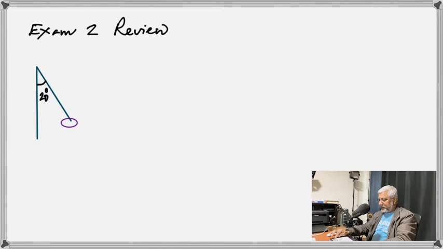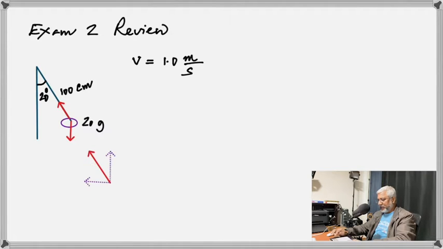So that's the situation. The angle is given. Let's assume it's a 20-gram mass and the length of the string is 100 centimeters. The speed at which it goes is also given. Let it be 1.0 meter per second. So that is the situation.